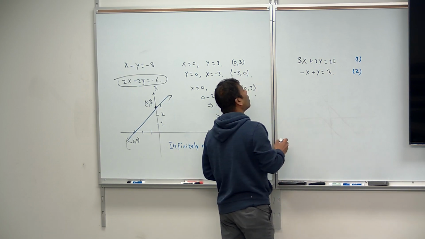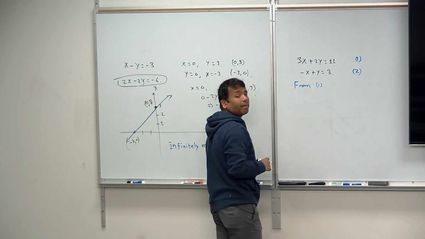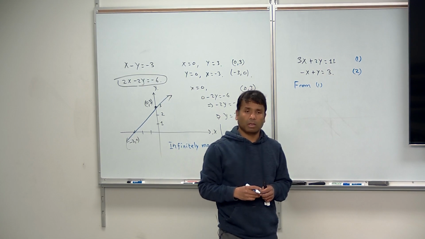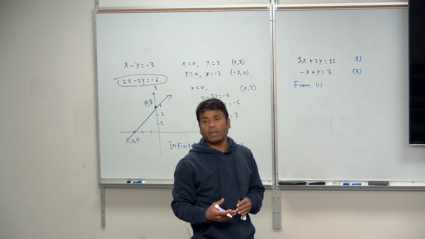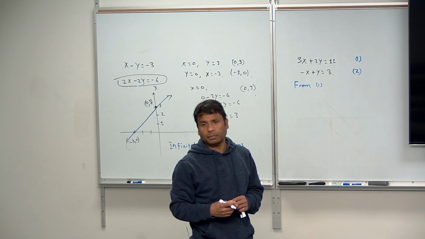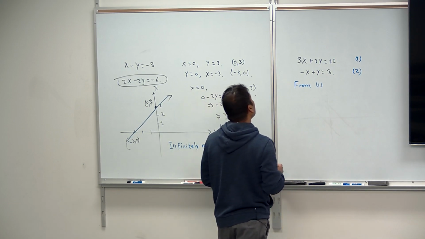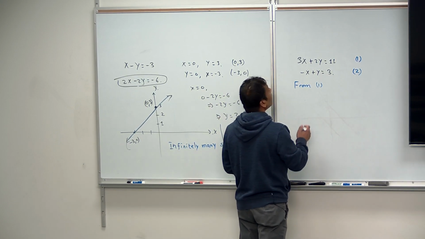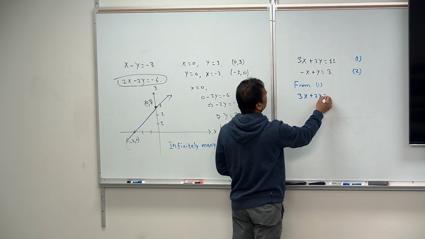So from equation 1, you find the value of one variable. You either find the value of x in terms of y, or the value of y in terms of x. It's up to you. Okay? So if you want to find the value of x in terms of y from equation 1, you have 3x plus 2y equal to 11.